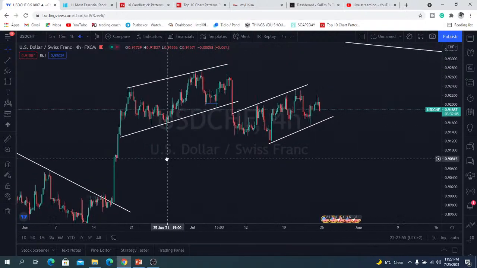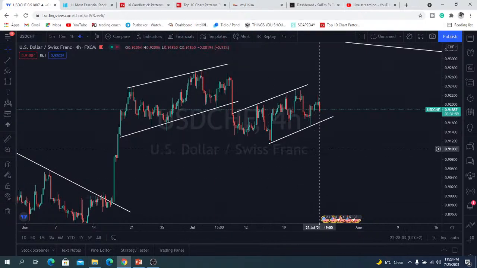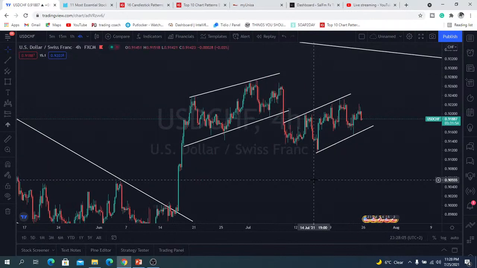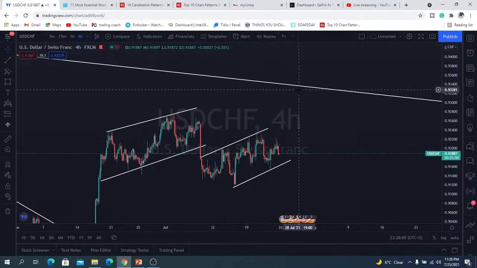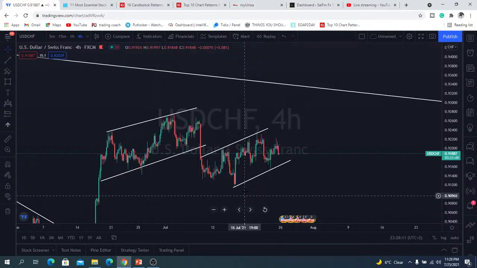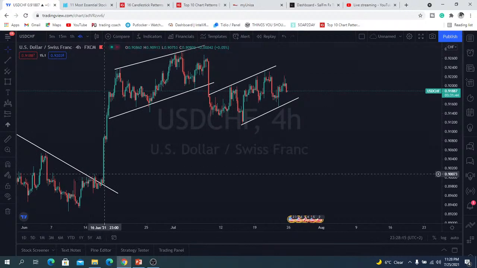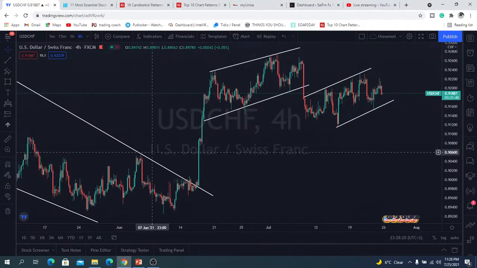So we have this kind of a pattern right here, which I'm assuming means we might wanna go back to test at these areas once again, or we might wanna come back at these areas right here.